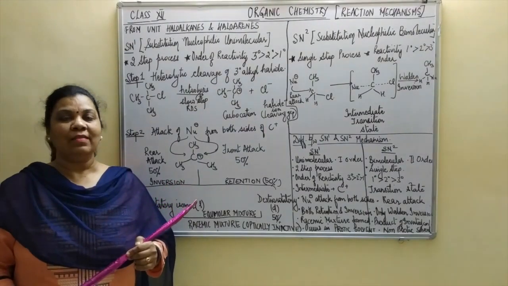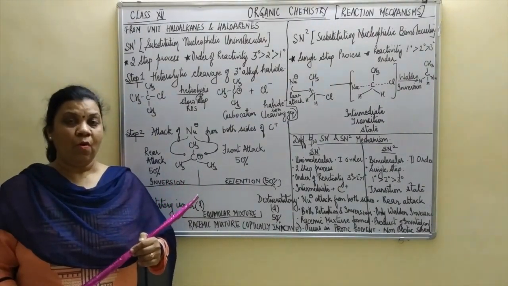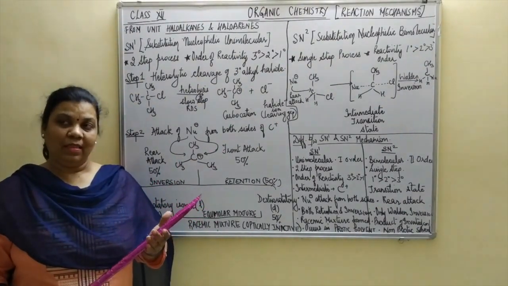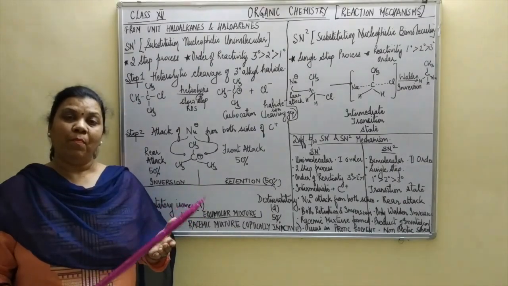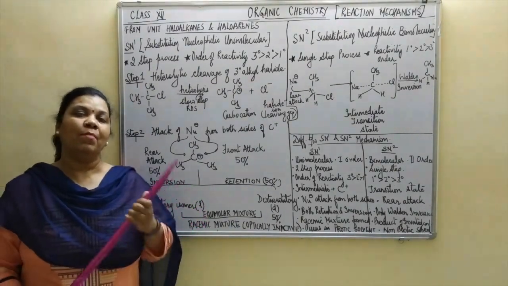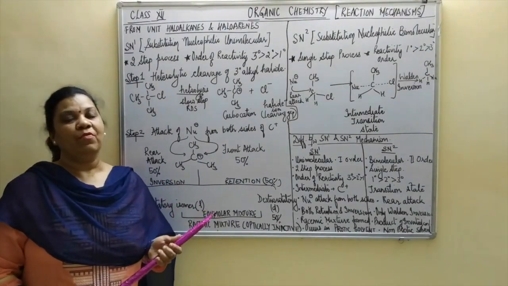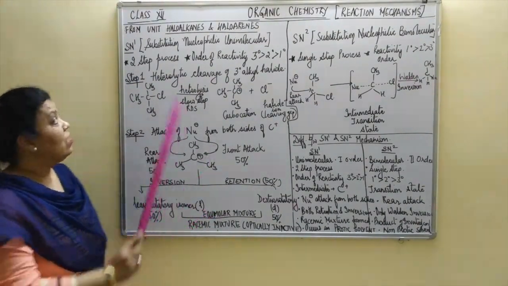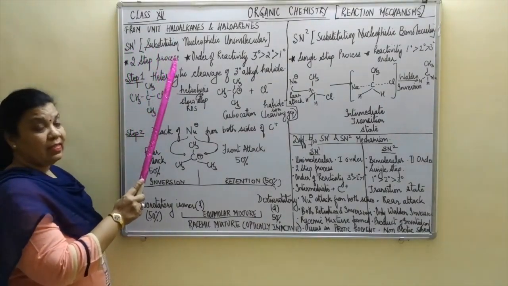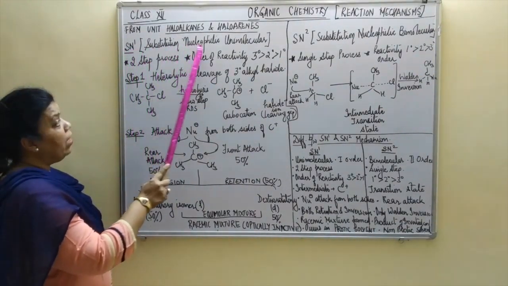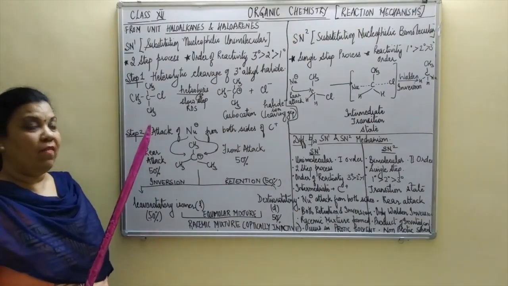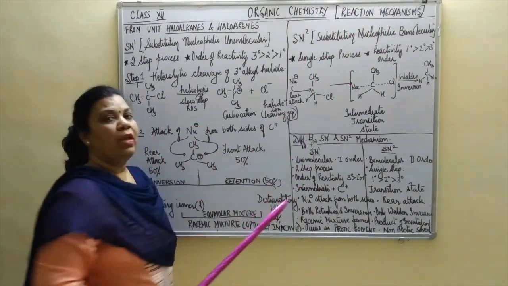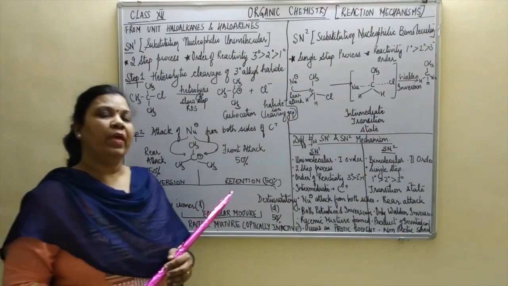A nucleophile is an electron-rich species, so whenever a halogen leaves the alkyl halide, that halogen is replaced or substituted by the incoming nucleophile, and such reactions are called nucleophilic substitution reactions. These reactions are of 2 types, as you can see: substitution nucleophilic unimolecular called SN1 mechanism, and substitution nucleophilic bimolecular called SN2 mechanism.